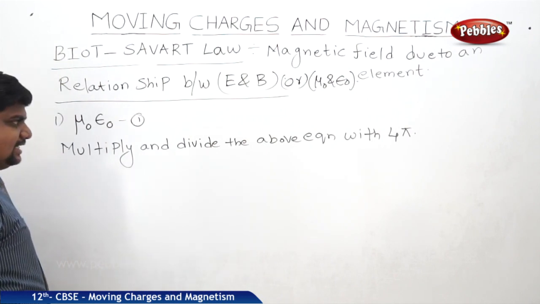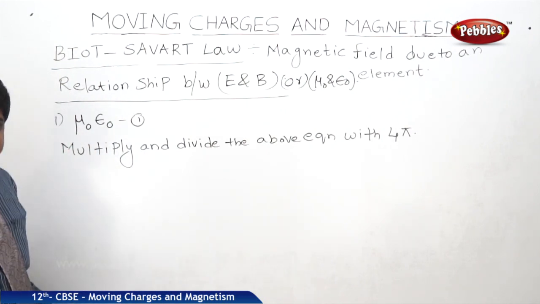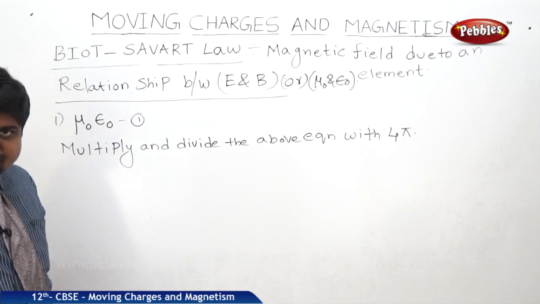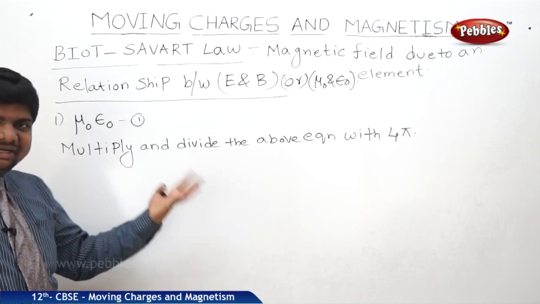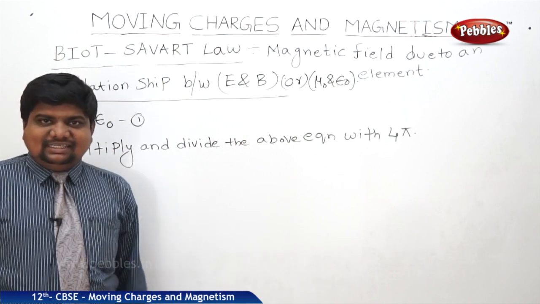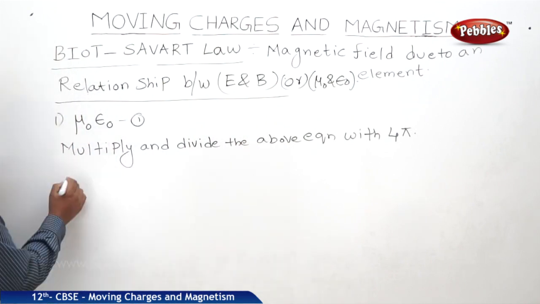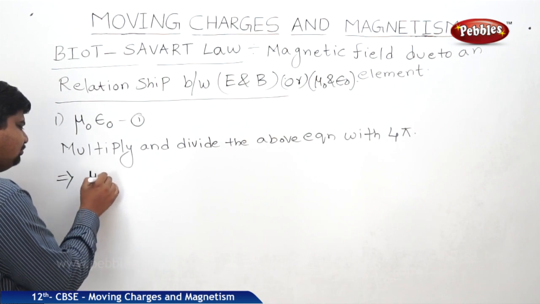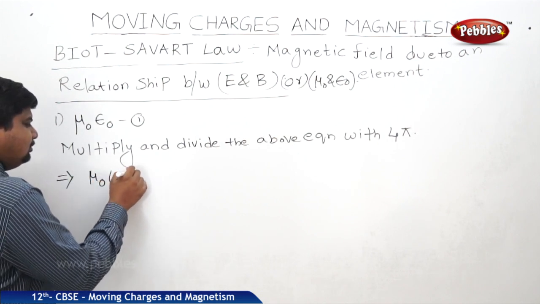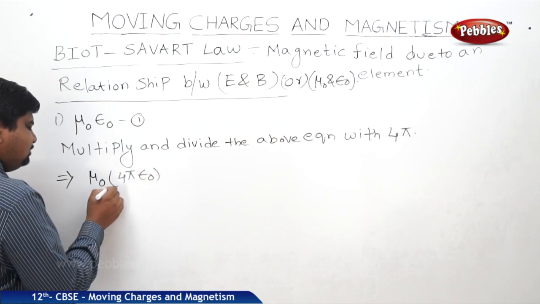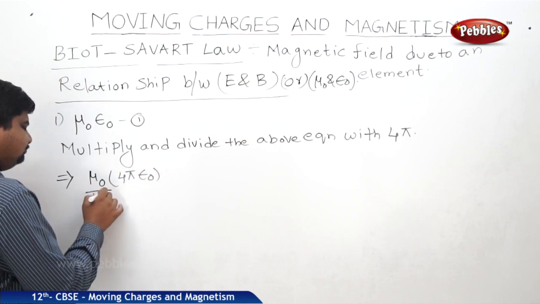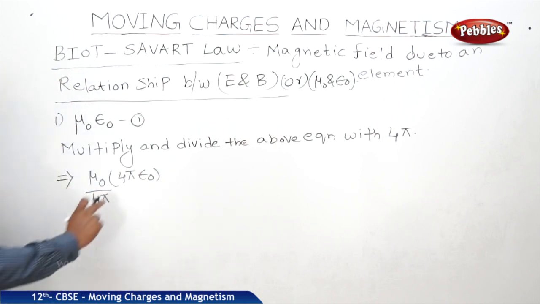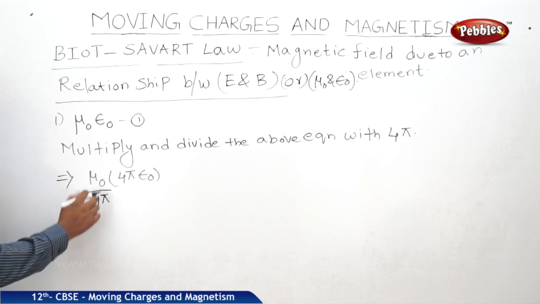So what will you understand? We know that mu naught and epsilon naught are the permeability and permittivity of the different fields E and B. So mu naught into 4 pi epsilon naught by 4 pi, multiplied with 4 pi, divided with 4 pi.